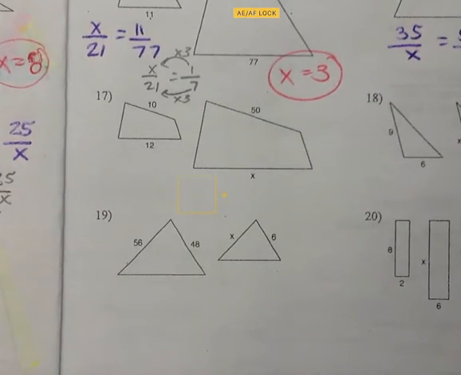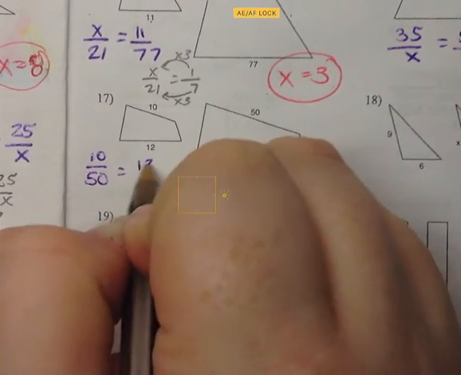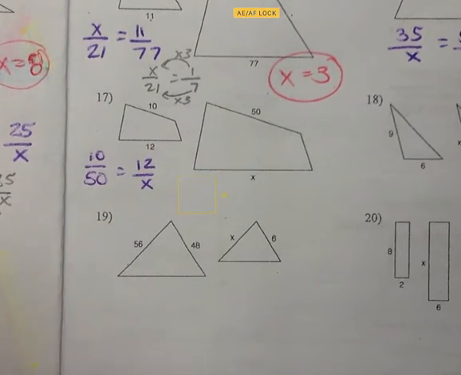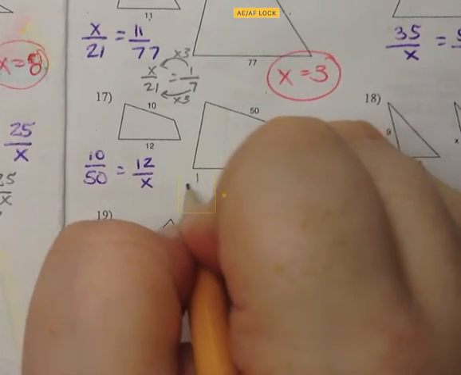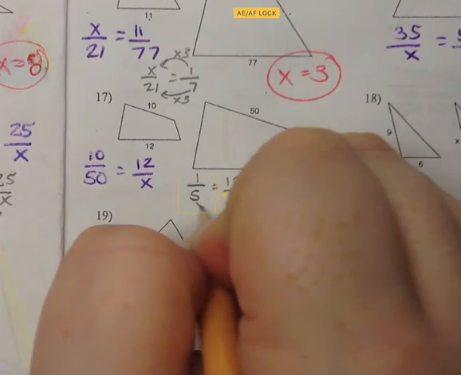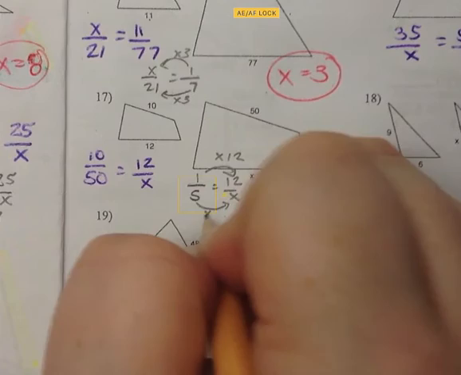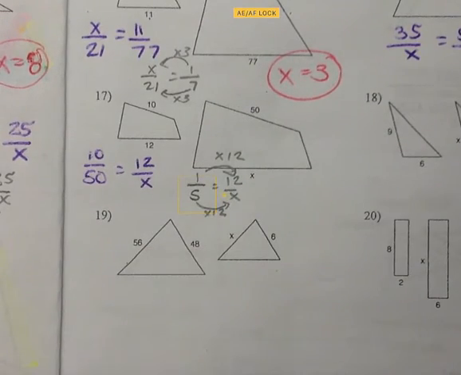17, we have 10 over 50 is equal to 12 over x. 10 over 50 is 1 over 5, so 1 over 5 is equal to 12 over x. 5 to x, 1 to 12. Multiply by 12, multiply by 12. 5 times 12 is equal to 60.